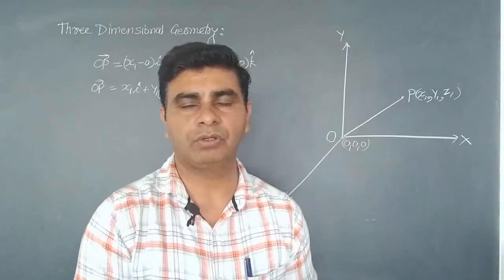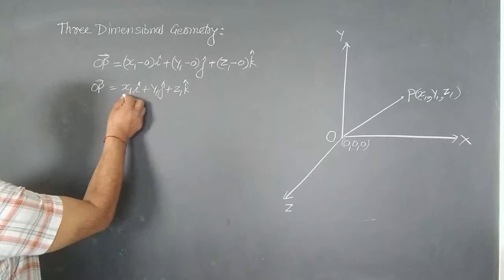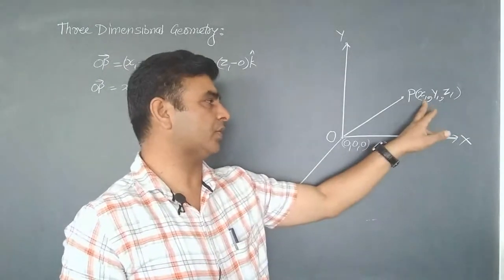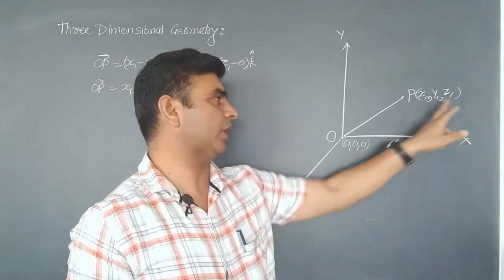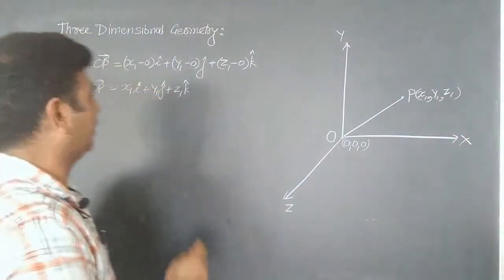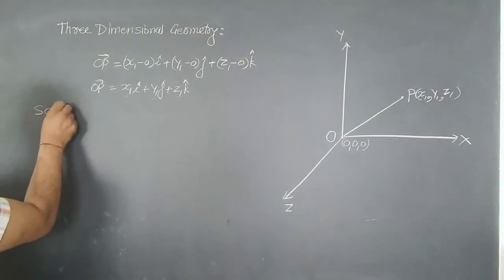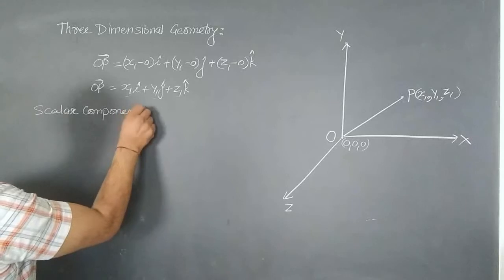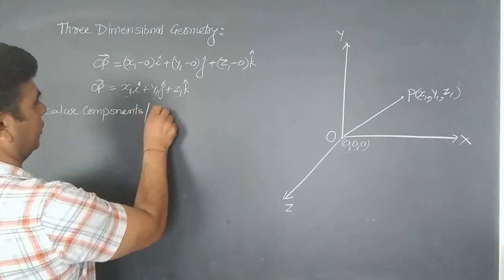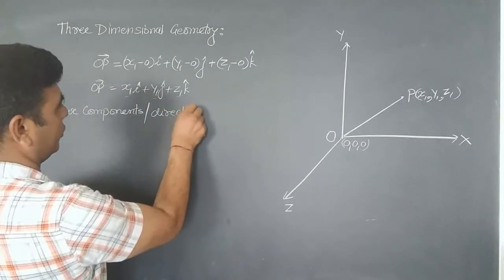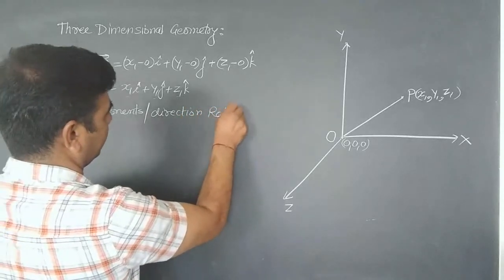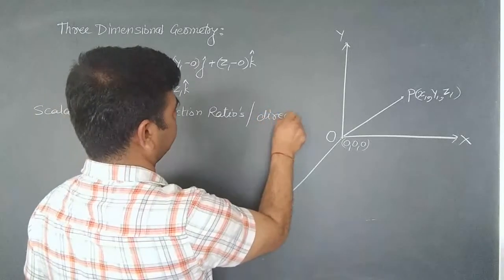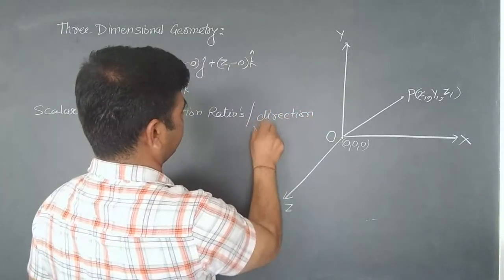My dear students, I have told you also that the coefficients of i cap, j cap, k cap, which are x1 minus 0, y1 minus 0 and z1 minus 0, of the vector are known as scalar components of the vector, and also these are known as direction ratios, or these are also known as direction numbers.